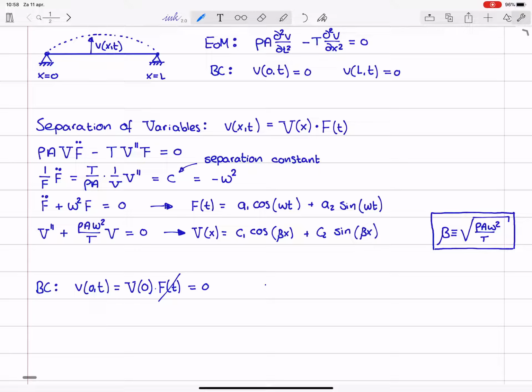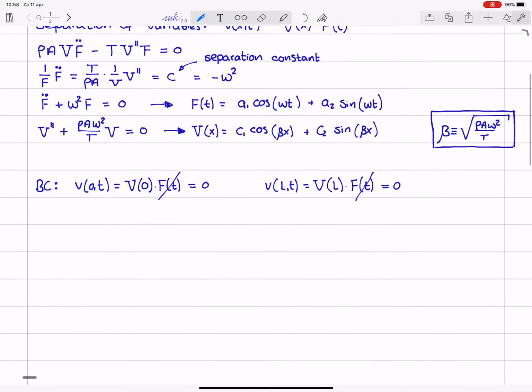Very similarly, v at L and t can be written as capital V at L times f of t. And since this should be 0, and since f is not 0 for all times, V at L should be 0.